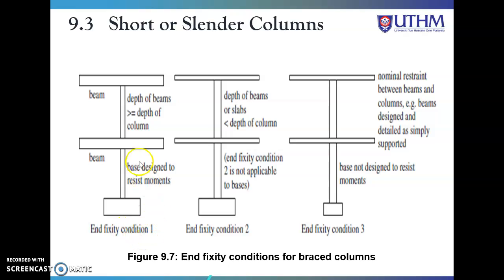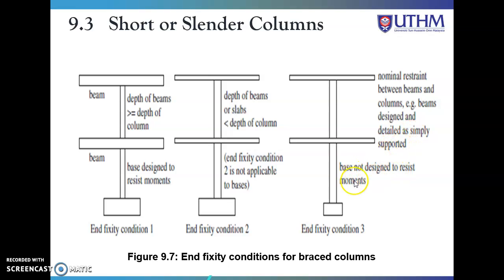Condition 1, bila mana depth of the beam lebih besar atau sama dengan depth of the column. Okay. Condition 2, depth of the beam or slab is less than depth of the column. And condition 3 adalah nominal restraint between beam and column. Example, beam designed and detailed as simply supported.